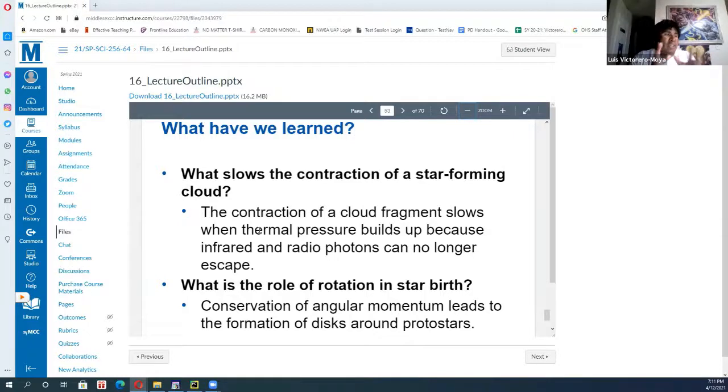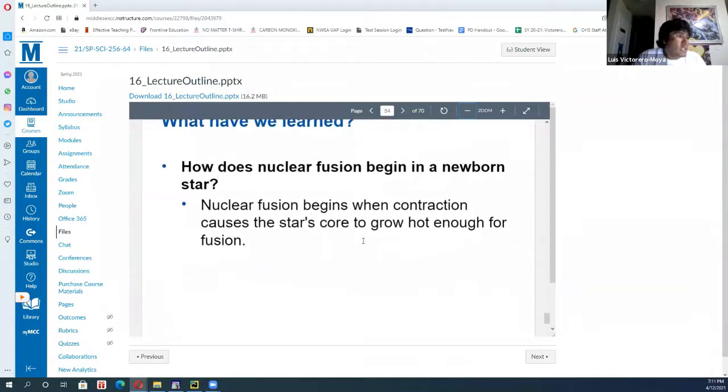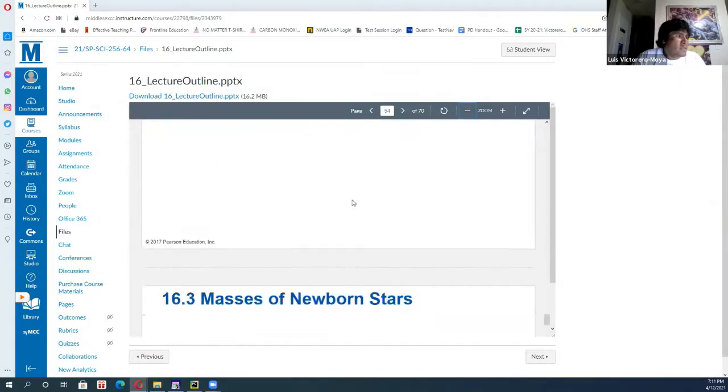So they can actually slow the contraction. They don't stop it, but they can slow it to eventually make it go into a main sequence star. Okay, so this is also very simple.